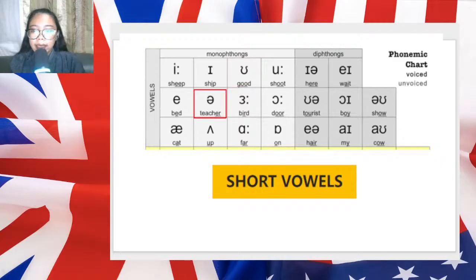And lastly, we have the schwa sound. This is how you say it. Okay. This is a, apart in pilot, lot, carrot, minute. Okay? Those are our short vowel sounds.